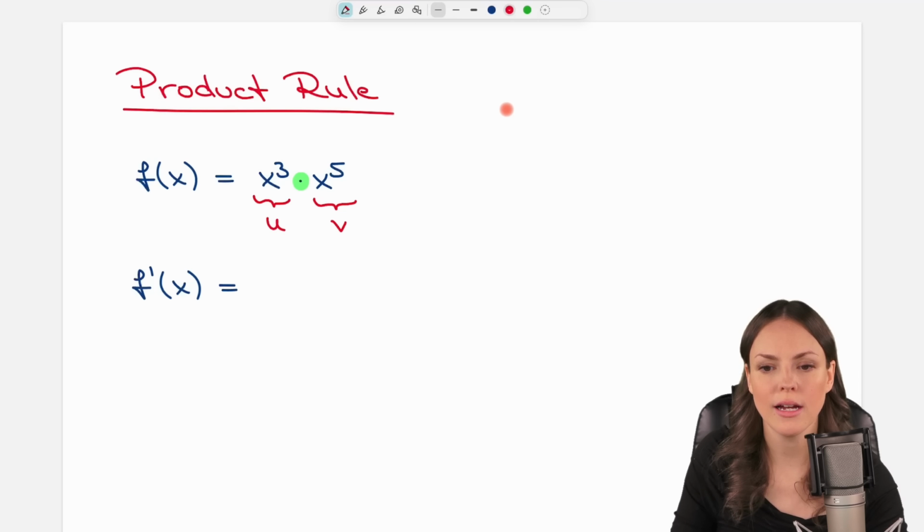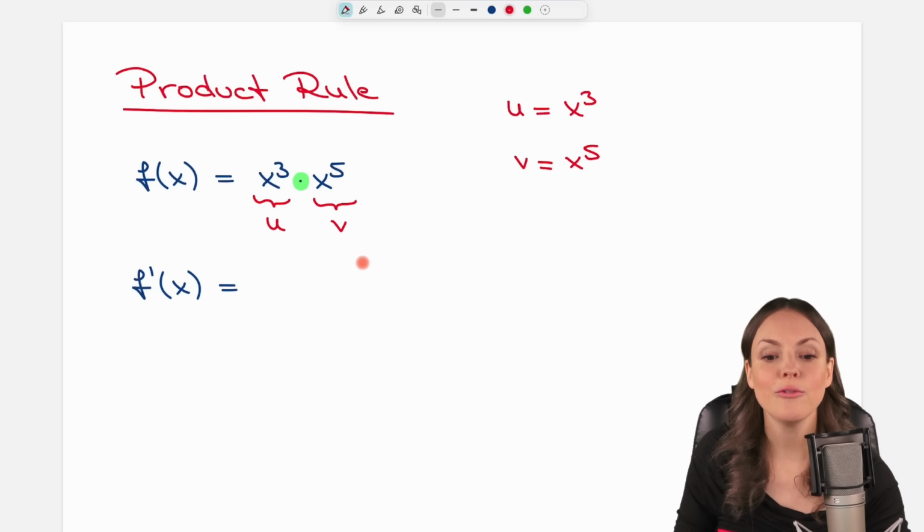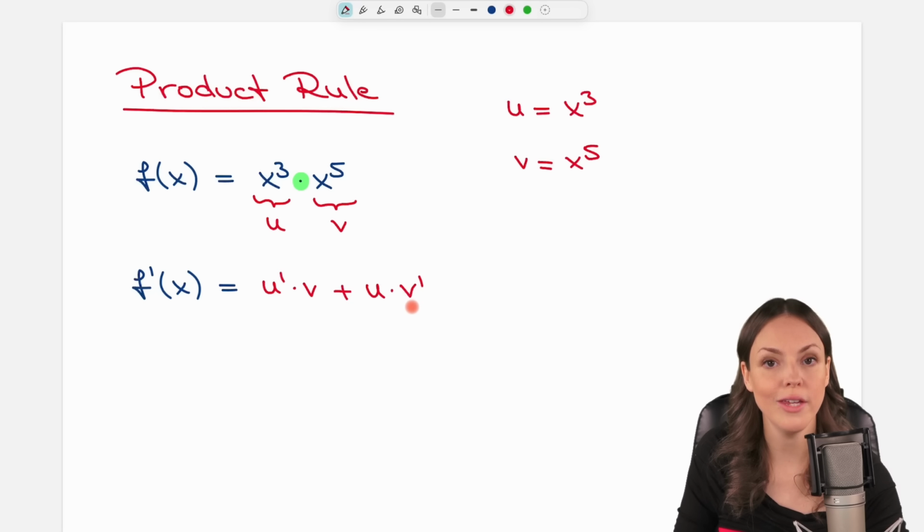In our case, u would be x to the power of 3, and v would be x to the power of 5. Then you find the derivative of your function by differentiating u first and multiplying it by v as it is, plus you take u as it is and multiply it by the derivative of v.